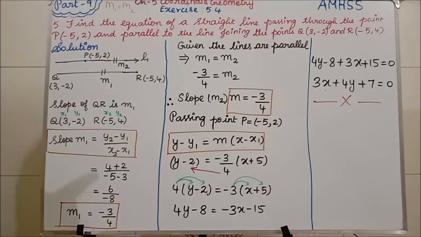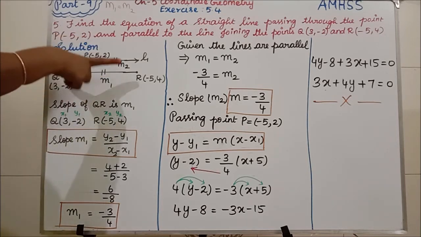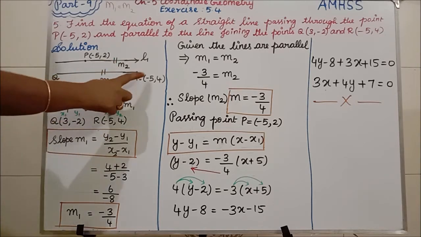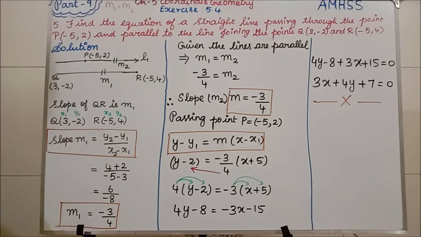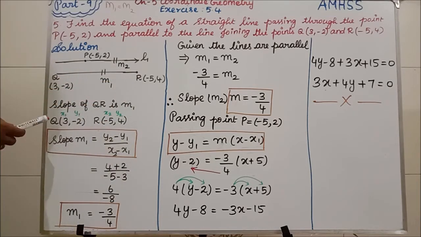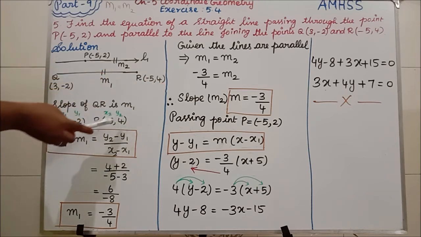See, first they have given 2 points. Using the 2 points, we are going to find m1. In the exercise, starting from exercise 5.2, we have learned the 2-point formula. If they give 2 points, how will you find the slope? Slope of QR is m1. Q point is (3, -2), R point is (-5, 4).